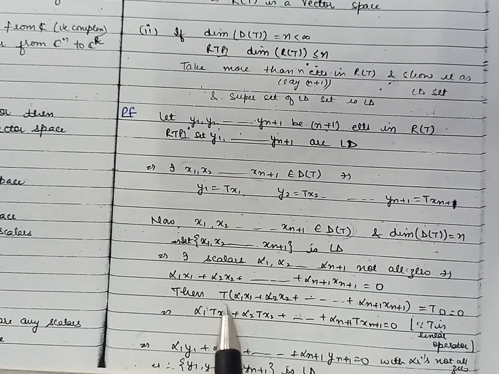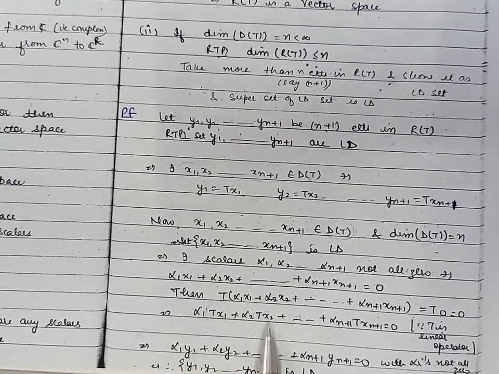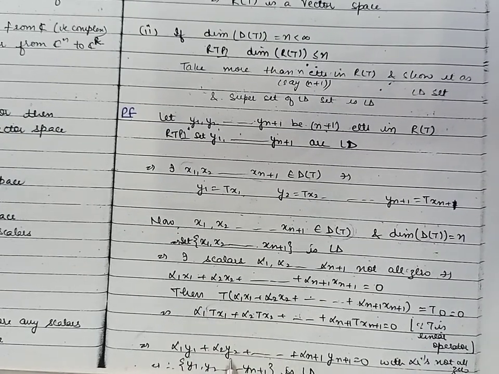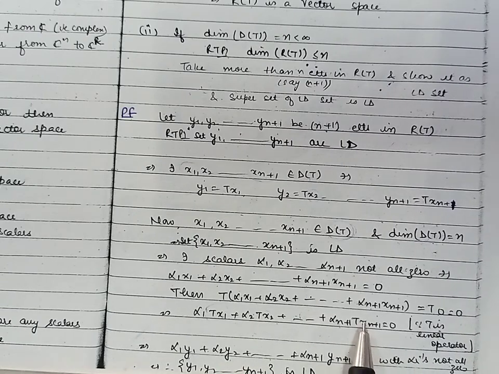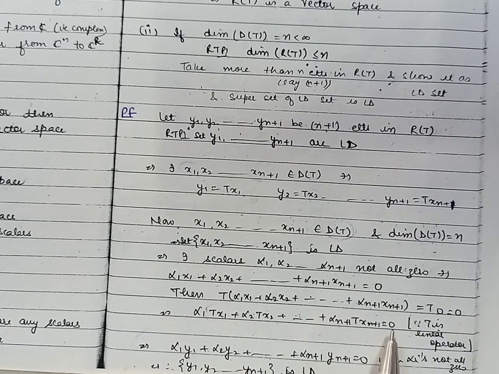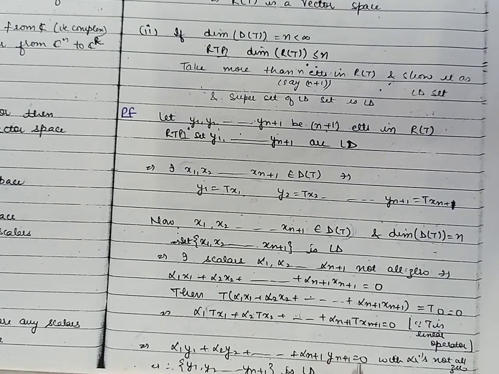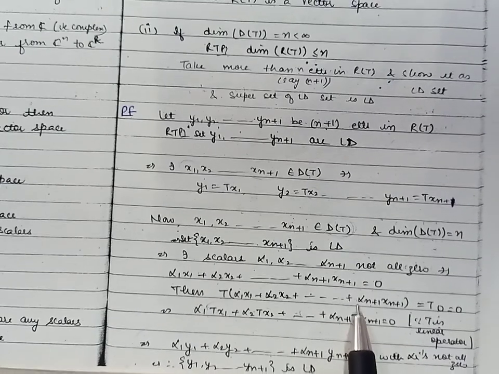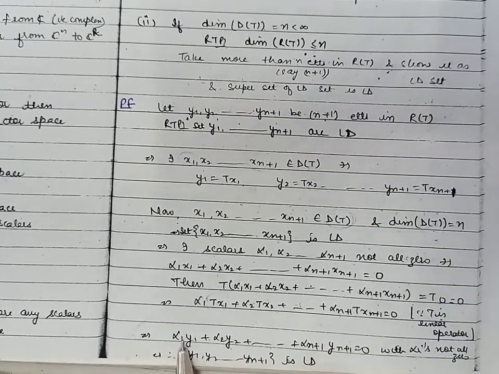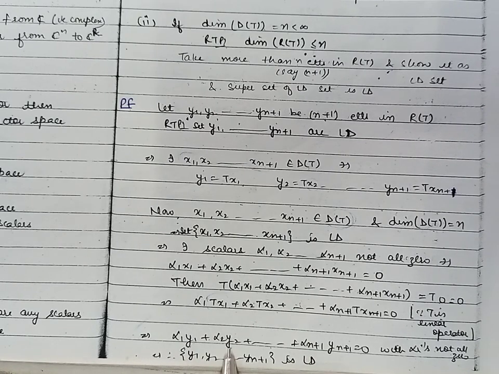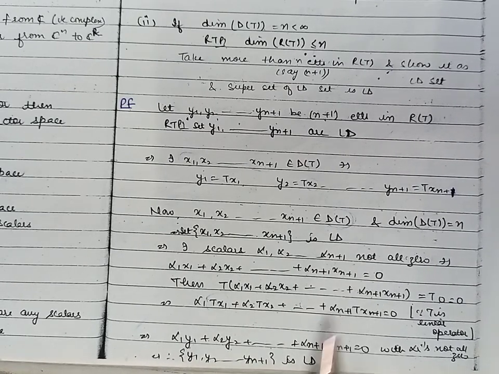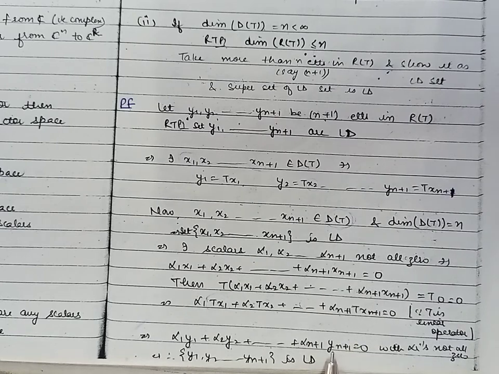Now image of x1 under T is y1, image of x2 under T is y2, image of x n plus 1 under T is y n plus 1. So from here we get alpha 1 y1 plus alpha 2 y2 and so on, alpha n plus 1 y n plus 1 is equal to 0.